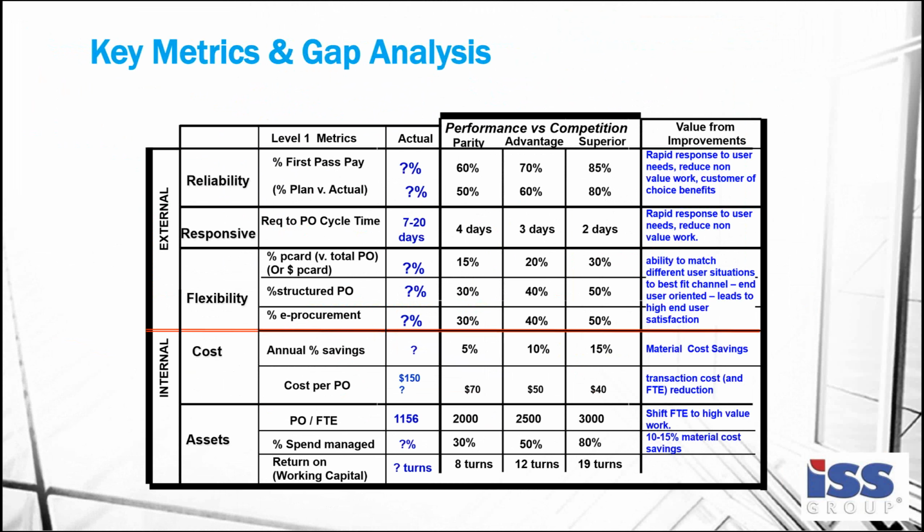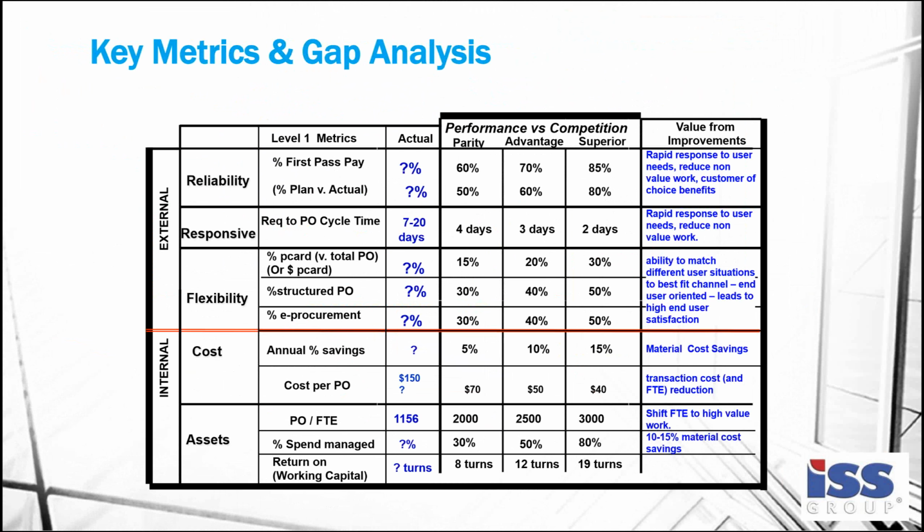Now let's talk about kind of a high-level scorecard and benchmarking of the Procure to Pay process. This is a scorecard format that I borrowed from Supply Chain Council and modified it for Procure to Pay. And you see the level 1 metrics. These are the ones we talked about in the overview Procure to Pay slide: percent first pass pay, percent planned versus actual.